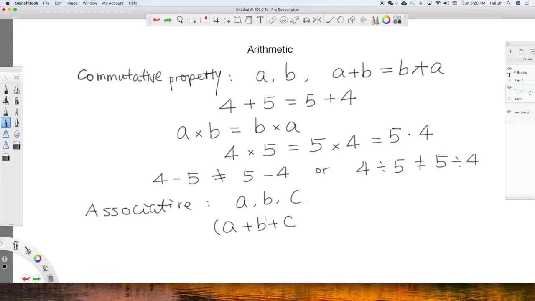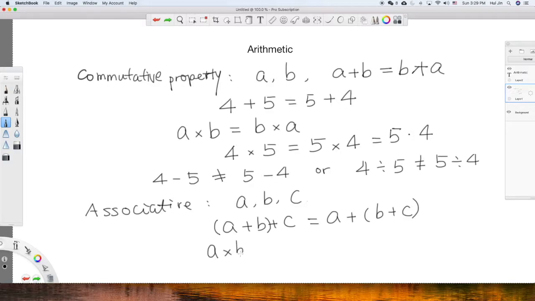And of course in the order of those operators, we're going to do a plus b first. So I'm going to use parentheses to emphasize that fact. We do a plus b first, then plus c. This equals a plus b plus c, with the parentheses around b plus c: the result is the same if we do b plus c first, then add to a. And this also holds for multiplication.